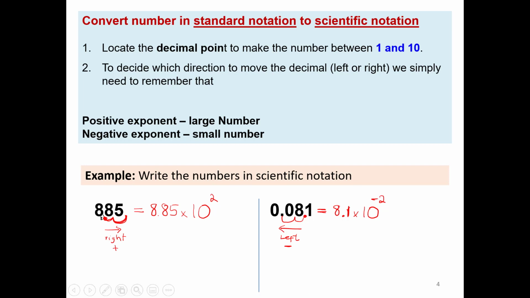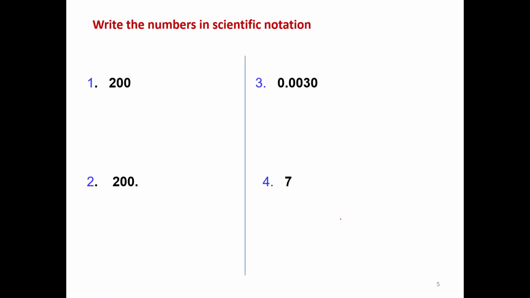One thing I want you to notice is if we had 3 significant digits here, we must have 3 significant digits also in scientific notation. If we had 2 significant digits in standard notation, we need 2 significant digits also in scientific notation.